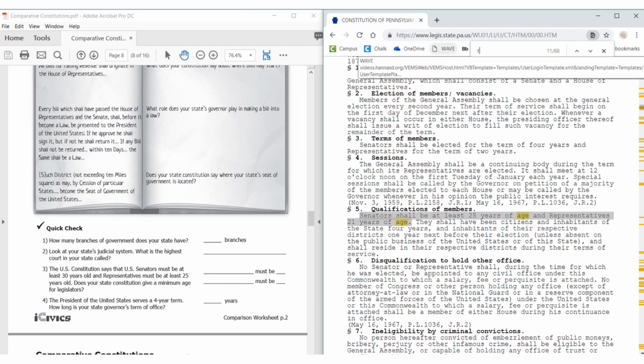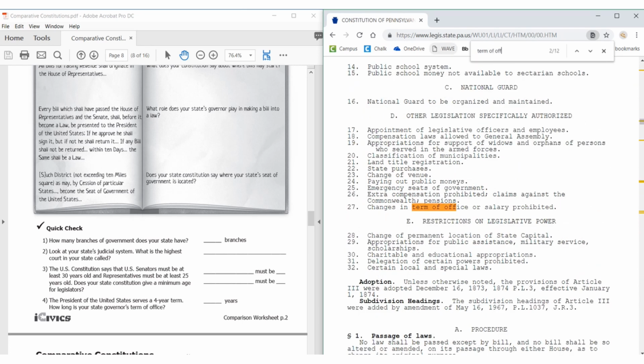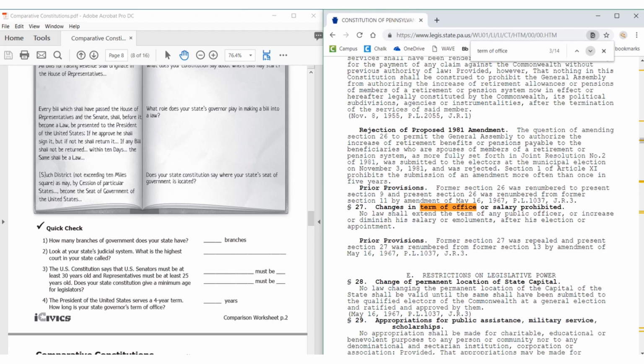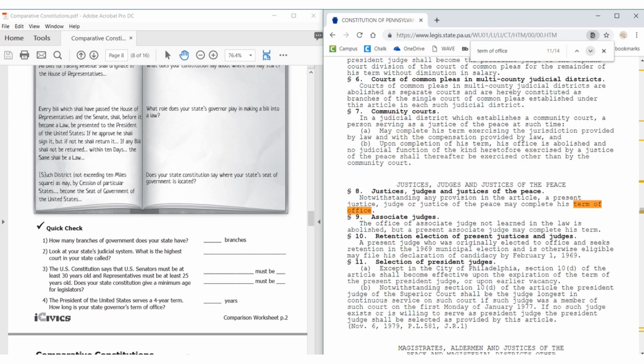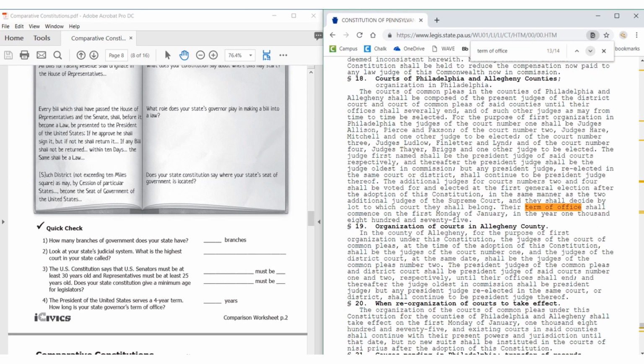So let's see, term of office. And we're going to see that actually a lot, changes in term of office. Let's see, judges and justices. No, we're not looking at that. We're going to keep going.